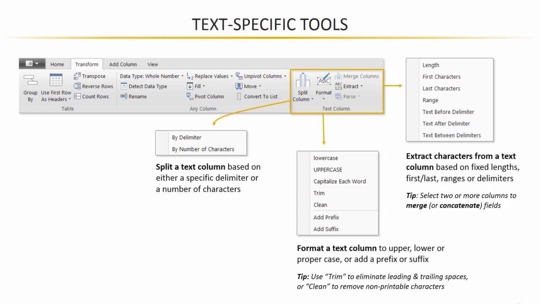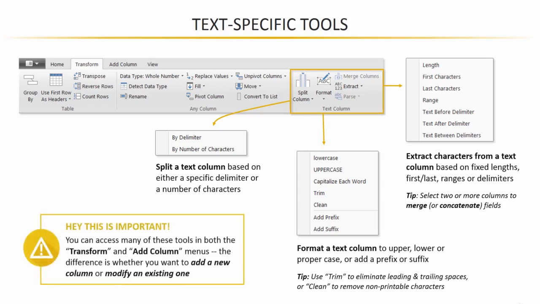And taking that even further, if you've selected a column that's numerical instead of text, this entire group of tools might be replaced by number-specific tools instead. So just remember that the entire ribbon, the entire toolbar that you're seeing here will dynamically change based on your selections.